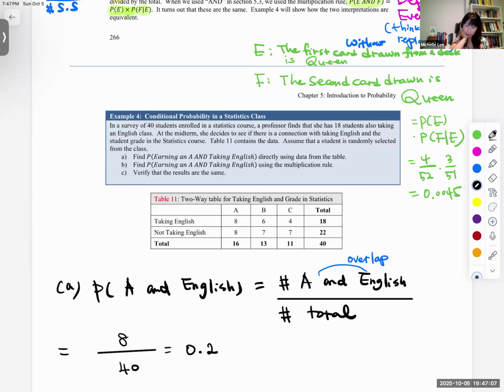Now, second part. They say to use the multiplication rule. Yeah. So this one, we have to think whether independent or dependent, right?